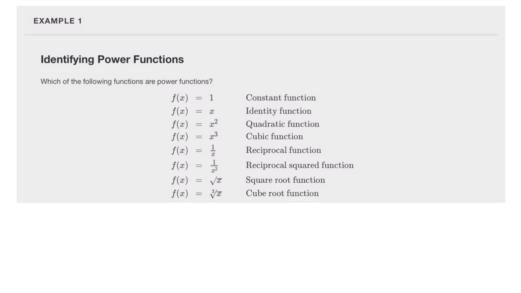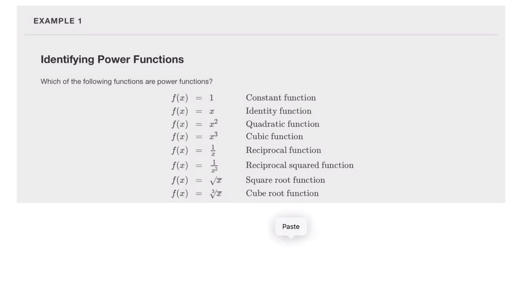A monomial usually takes the form of some real coefficient times a variable raised to a non-negative integer power. Once you identify what a monomial is, where you have one term, then a polynomial is a finite sum of monomials. The difference between a power function and a monomial is that the power function can be raised to a real number, where the monomial can be raised to a non-negative integer power.